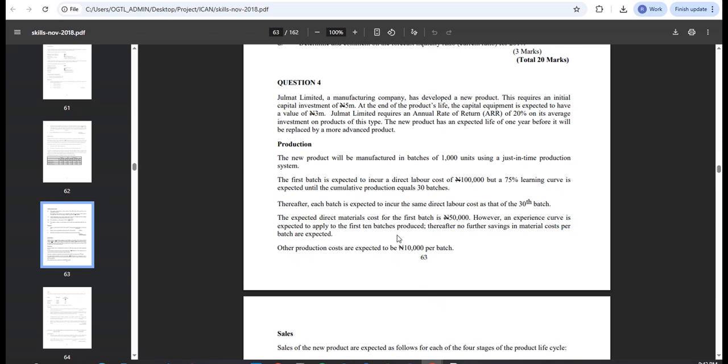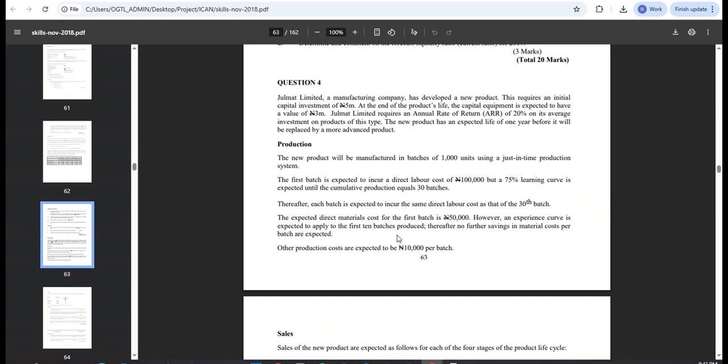GeoMath Limited requires an annual rate of return of 20% on its average investment on products of this type. The new product has an expected life cycle of 1 year before it will be replaced by a more advanced production. The new product will be manufactured in batches of 1,000 units using a just-in-time production system.